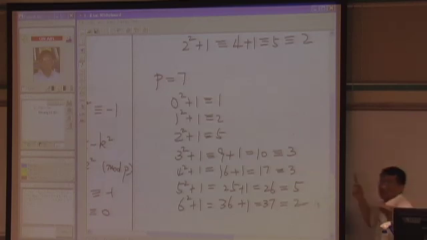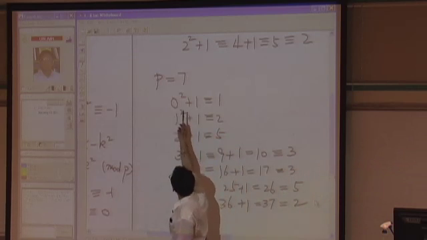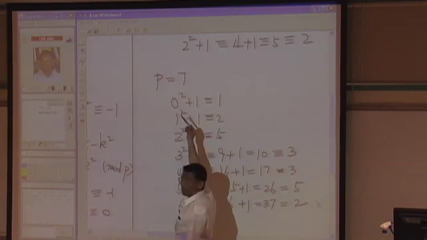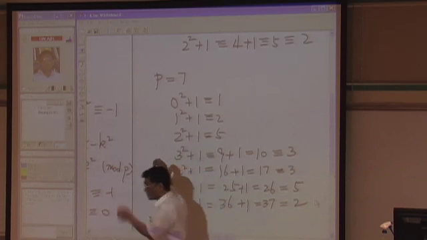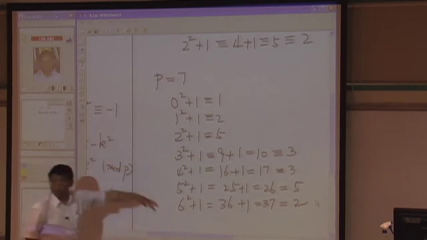As you can see, we never get 0. With mod 7, there are 7 legitimate numbers, 0 through 6, and all are plugged in. We didn't get any solution to the problem.